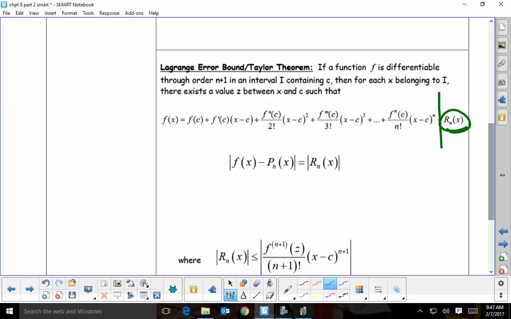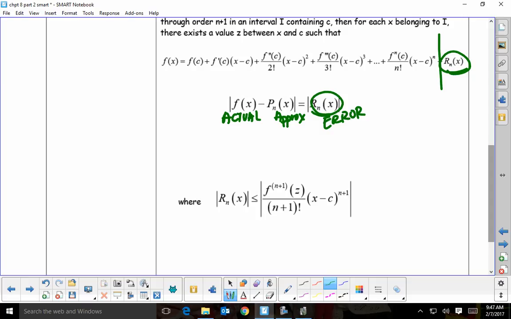And when I take the actual value, minus the approximation of that polynomial, the remainder is error. Okay. So we have this error.